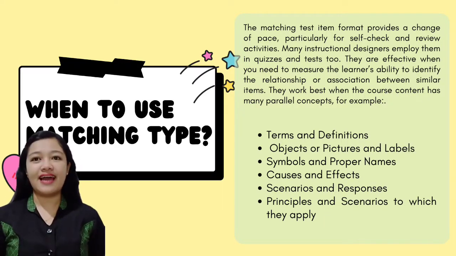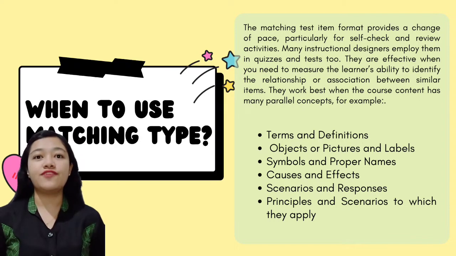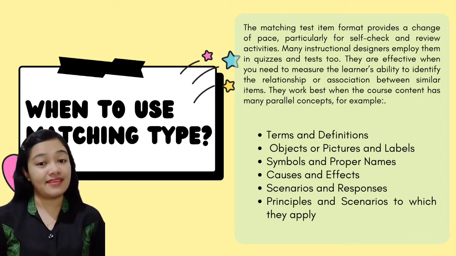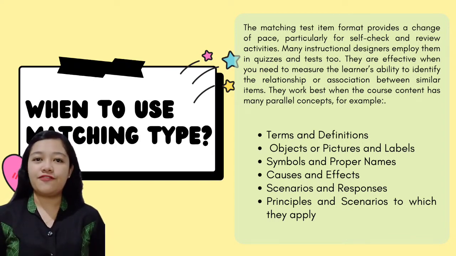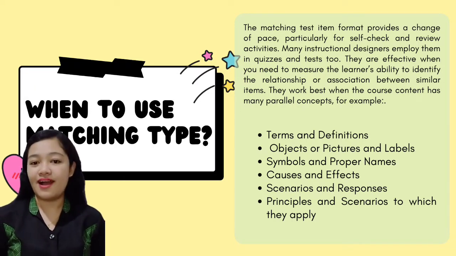So when to use matching type? The matching test item format provides a change of pace, particularly for self-check and review activities. Many instructional designers employ them in quizzes and tests too. They are effective when you need to measure the learner's ability to identify the relationship or association between similar items.